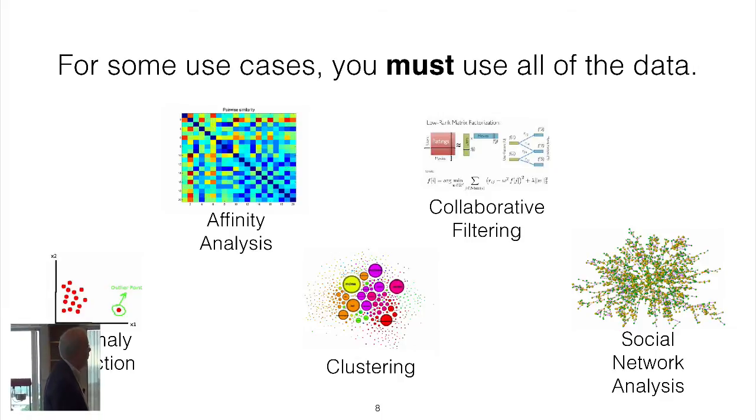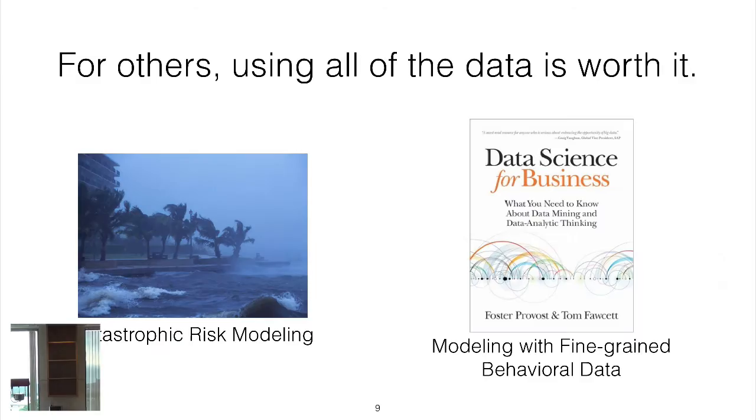The other thing to consider, I apologize, I have a little trouble with this clicker. There we go. There are also circumstances where using all of your data is worthwhile, right? In other words, when you sample, you lose some precision. You don't lose a lot, but you may lose something.